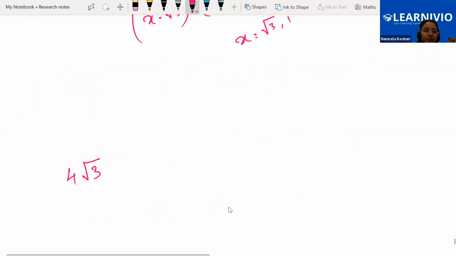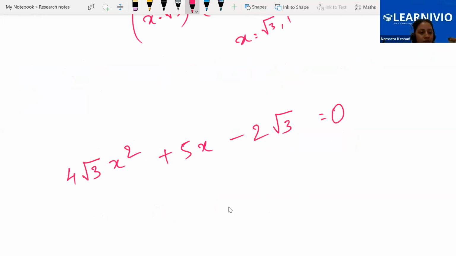4 root 3 x square plus 5x minus 2 root 3 is equal to 0. Let's solve it. At first, what do we need to do, Zoha? We have to multiply a and c. We get 8 root 6.